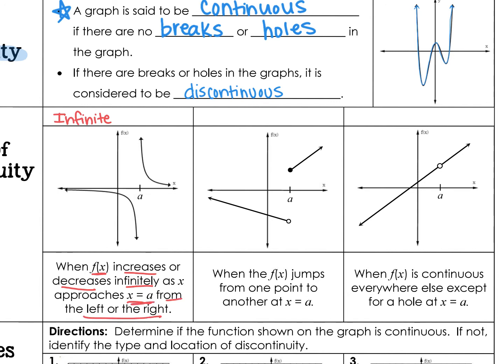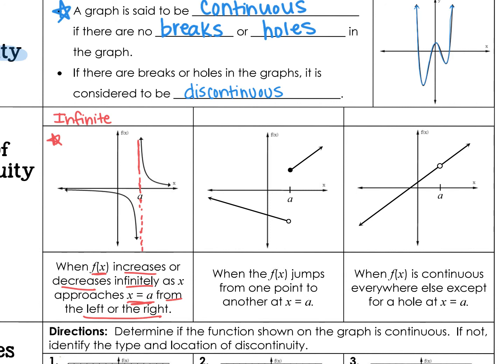So what does all of that mean? That means you have some kind of asymptote. So this kind of graph here, you're familiar with it. We've done rational functions, you've seen graphs like this. When you can tell there's an asymptote here, when you have an asymptote, that's going to be an infinite discontinuity.